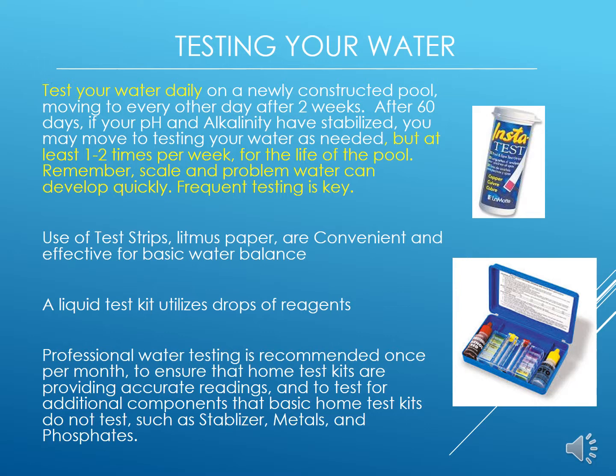Sometimes test kits and test strips can expire and operator error can occur. So we recommend that you double check your readings at least once a month to make sure that they're accurate, and also check for some elements that basic home test kits don't test for, such as stabilizer, metals, and phosphates, which we'll discuss in later presentations.